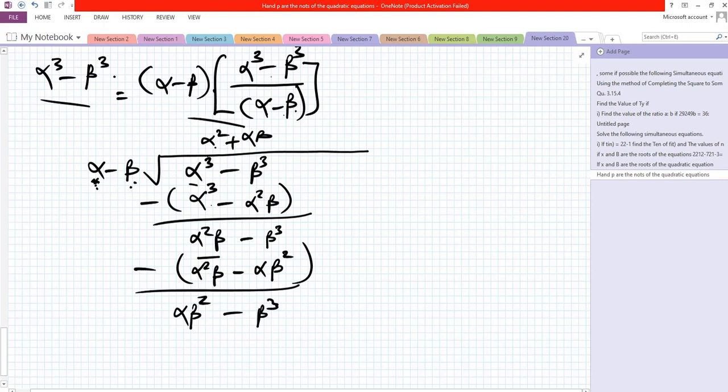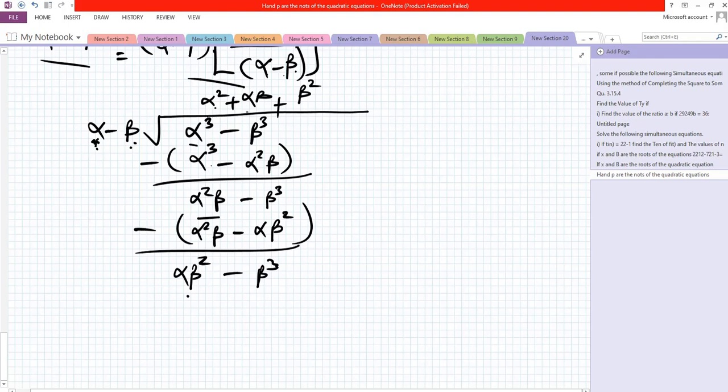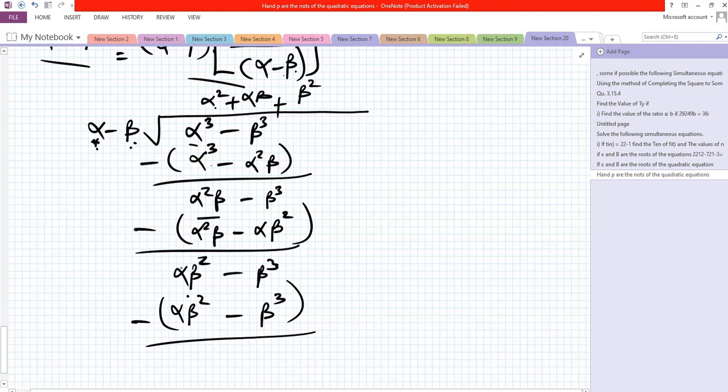Now if you use this to divide this, you have plus beta square. Plus beta square times alpha will give you alpha beta square, plus beta square times minus beta will give you minus beta cube. Now if you subtract this, the whole of this will cancel out.